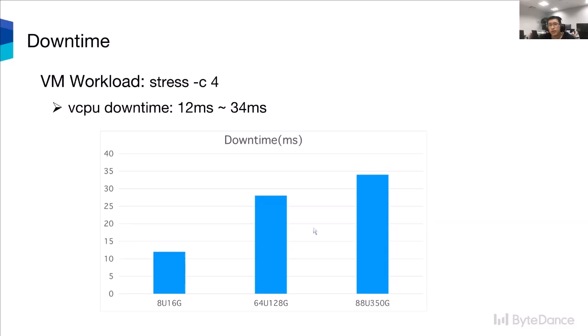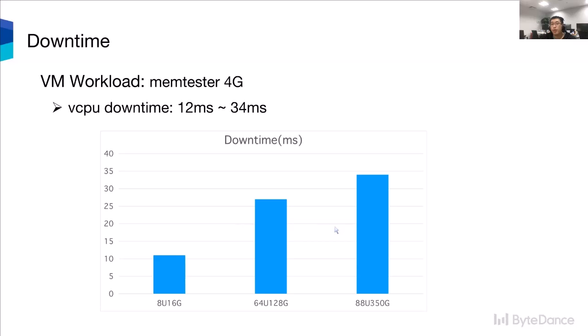Next, we use the stress tool to simulate the computation workload. While running the stress tool in the VM, we update the VM on the host, and we can see the distribution of VM downtime is 12 milliseconds to 34 milliseconds.